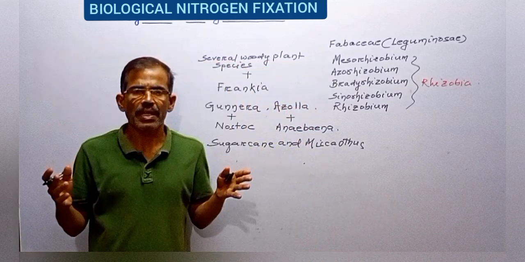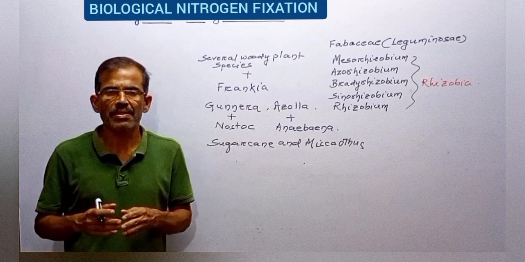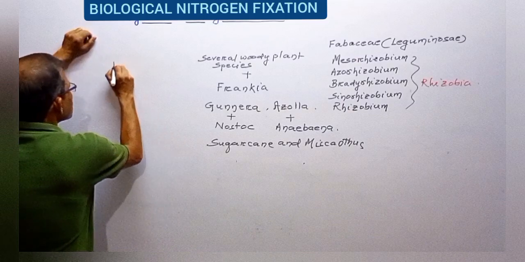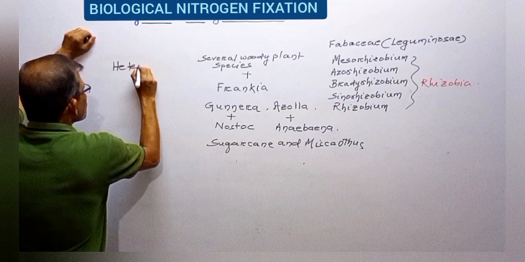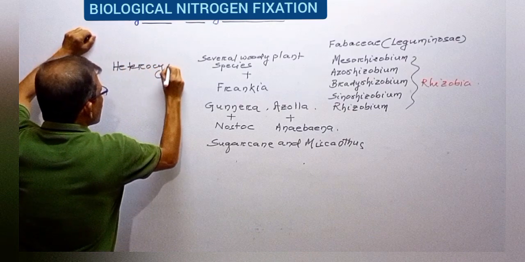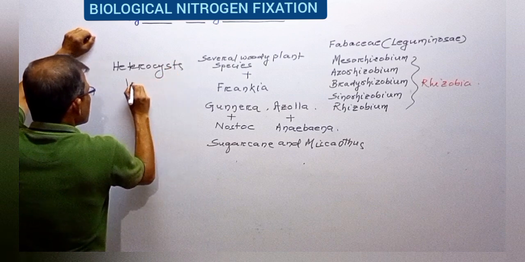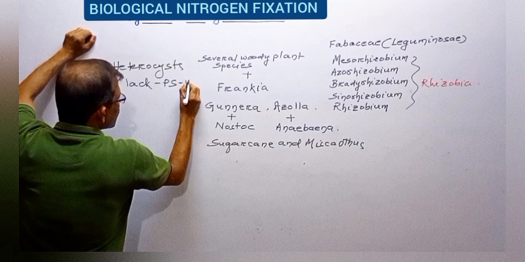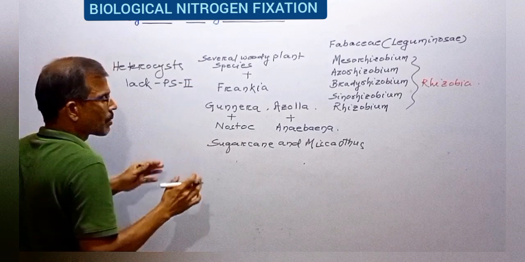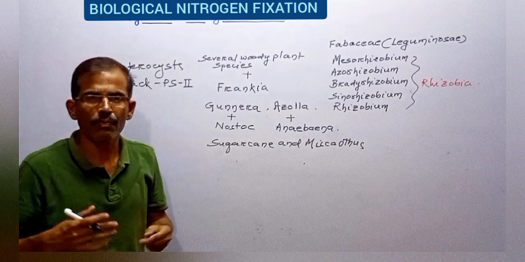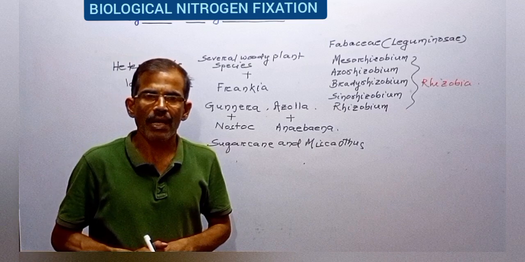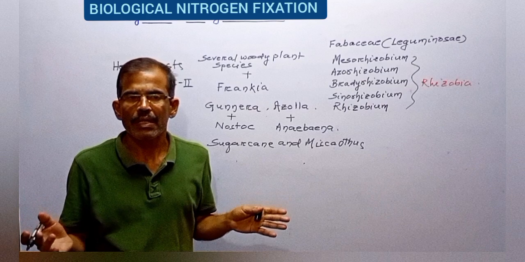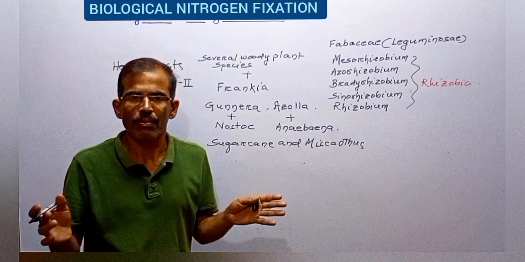In cyanobacteria, anaerobic conditions are created within specialized thick-walled cells called heterocysts. Heterocysts lack photosystem II, because of which they are not able to generate molecular oxygen during photosynthesis. In cyanobacteria, heterocysts are differentiated when they are deprived of ammonium.